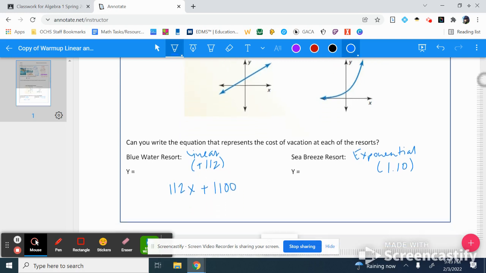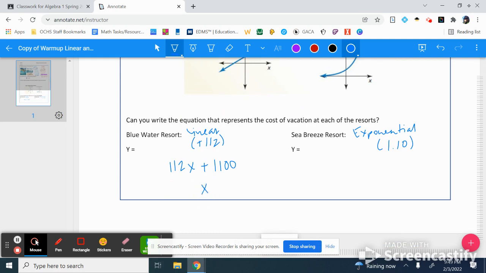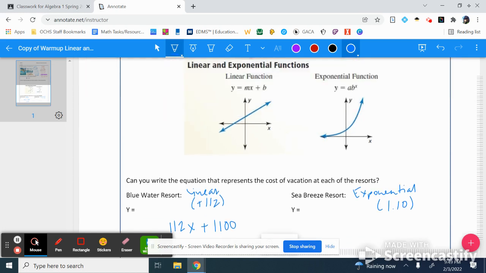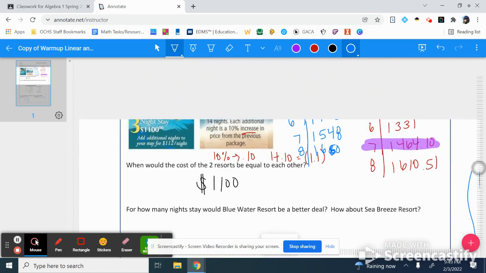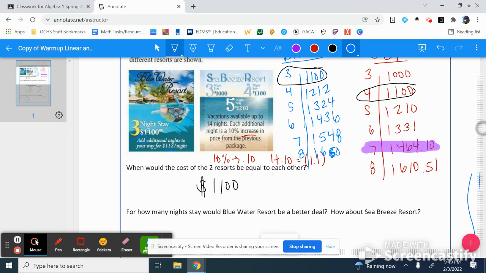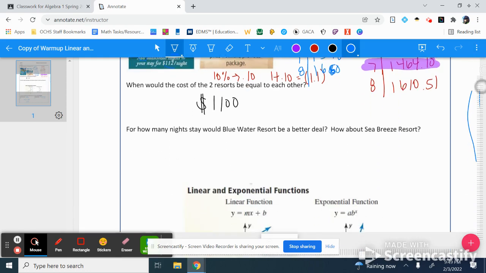But that's only for X values that are greater than 3, because I get those 3 nights for quote unquote free. And when I come over here to my Sea Breeze, I know that my starting value, I go back up and look to see how much it started at, was $1,000 for 3 nights.